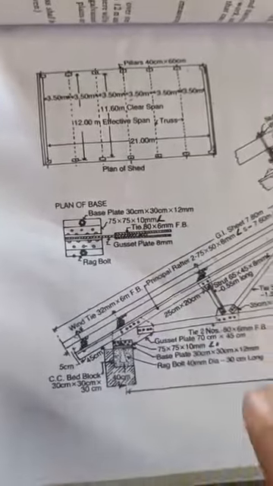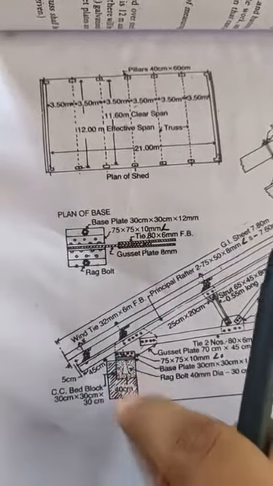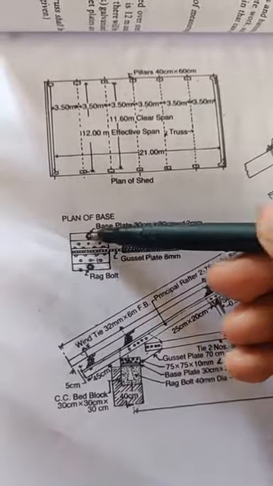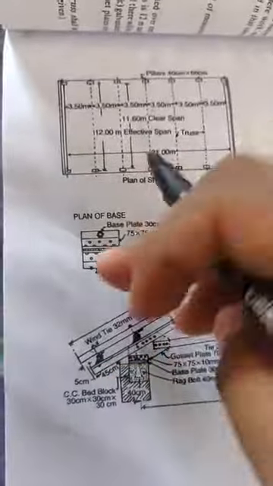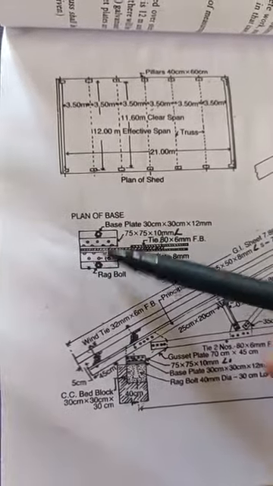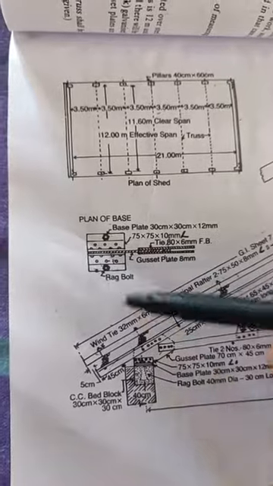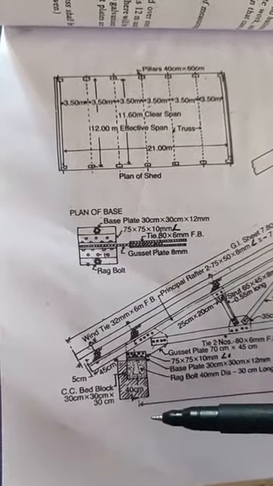The load is transferred from the truss into this column by means of the plates you see here. This is a base plate which is placed above this masonry. Above that masonry we have two bolts. These are called anchor bolts or rag bolts, which are longer in length.